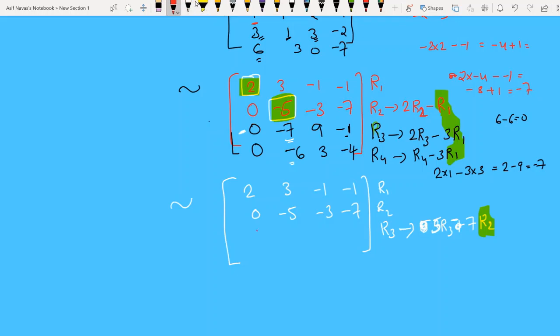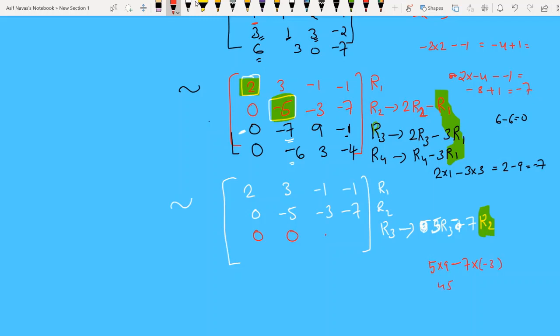Then here it becomes 0. Then what is here? 5 into 9, 45, right? You just write 5 into 9, 45, minus 7 into minus 3.